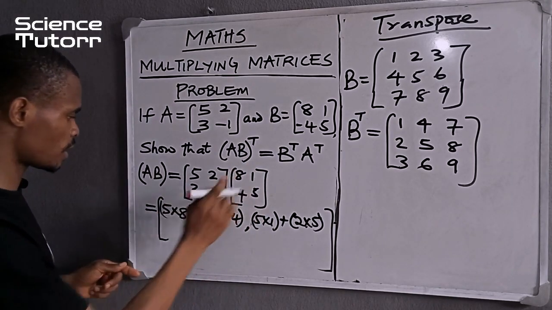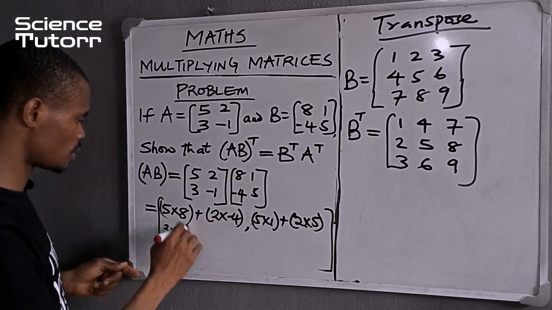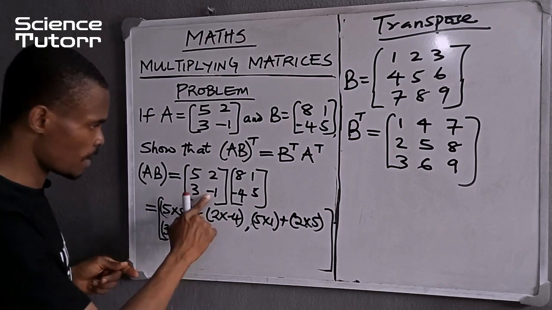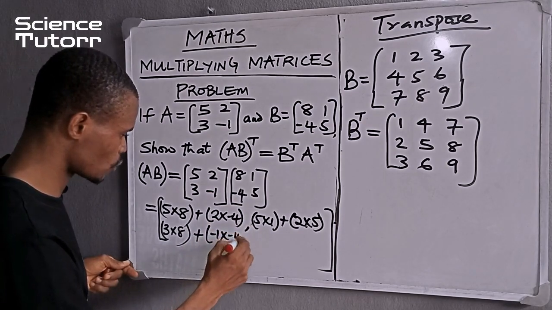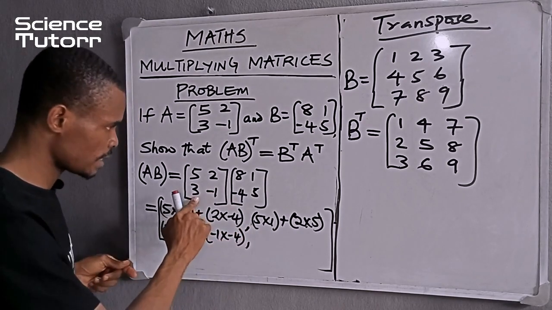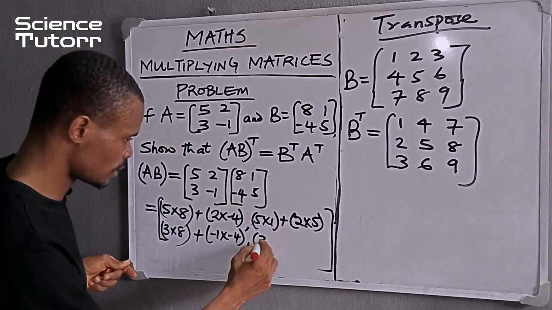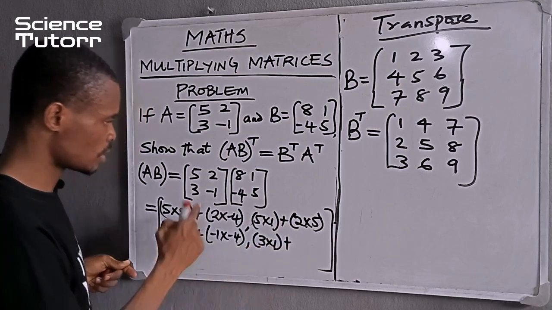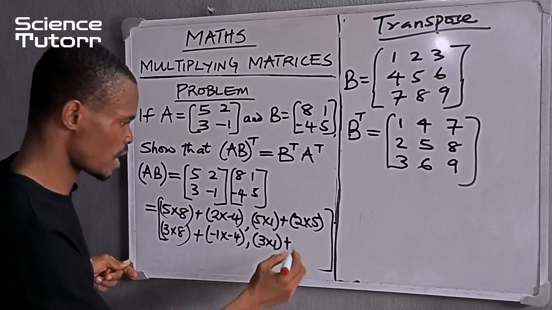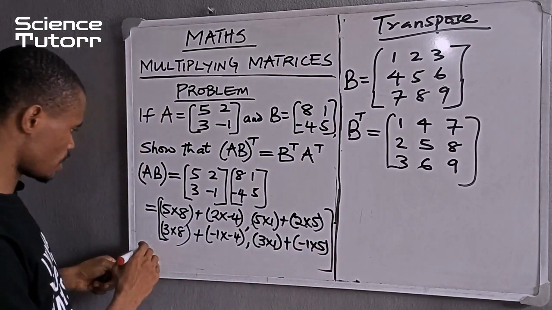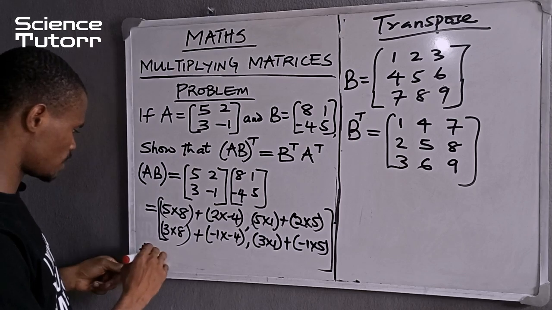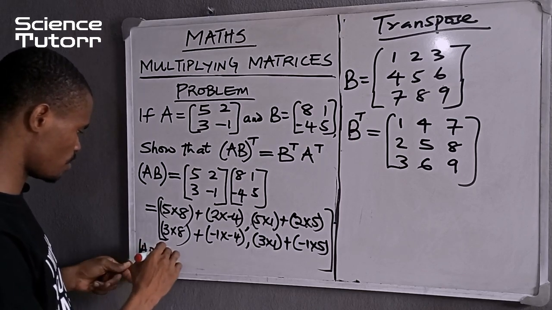Now 3 times 8 plus minus 1 times minus 4. Then 3 times 1 plus minus 1 times 5.